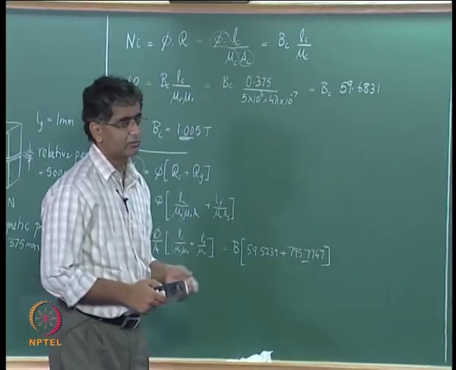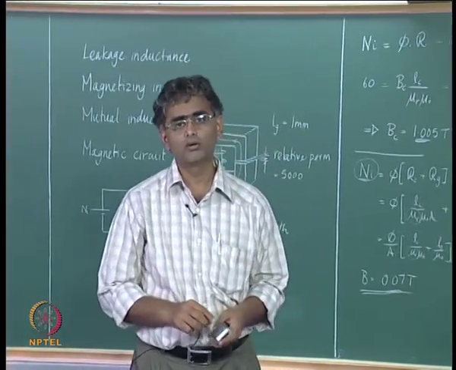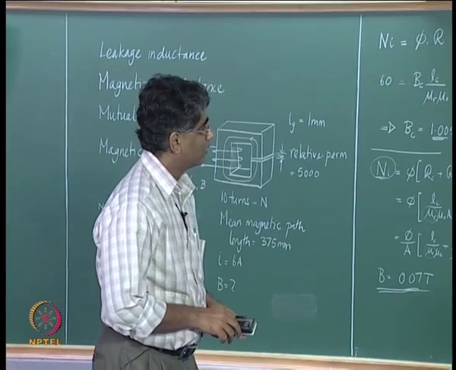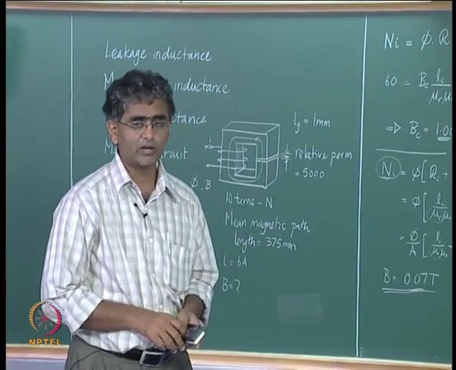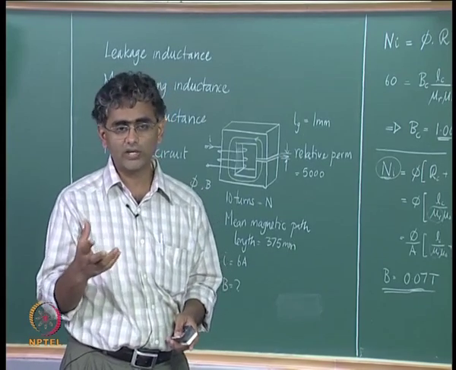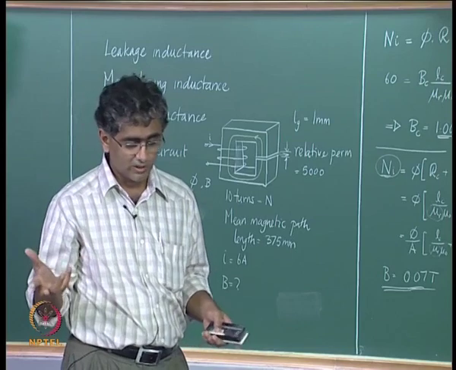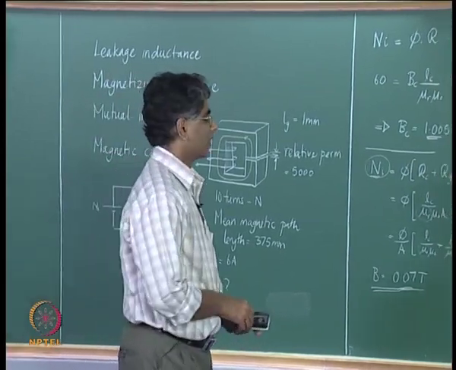Now as I mentioned before, inductances and air gaps are very important to the behavior of electrical machines, and we will see now why inductance is very important. Air gap is of course very important because air gap is the one that allows the rotor to rotate. As I mentioned earlier, if there was no air gap, you won't be able to move anything, right.